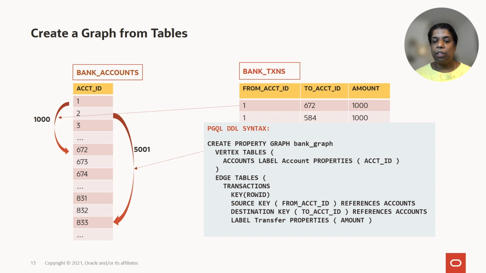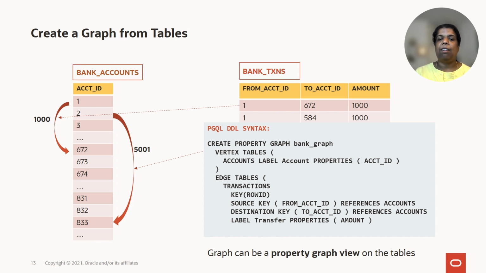And when you execute this statement, you create a graph. And this graph can be a view on your tables. You don't have to replicate this data in a separate storage area for the graph. You can have a property graph view on these tables and run queries against this property graph view, or you can load this into the in-memory graph server for query and analytics.